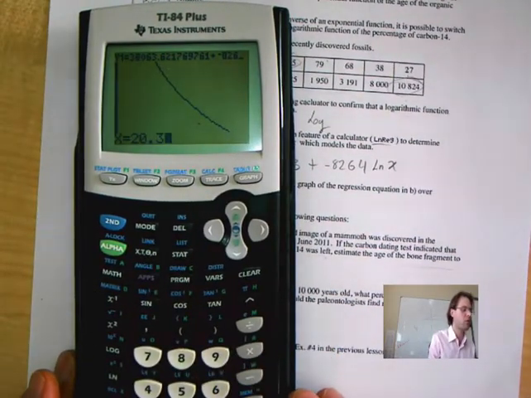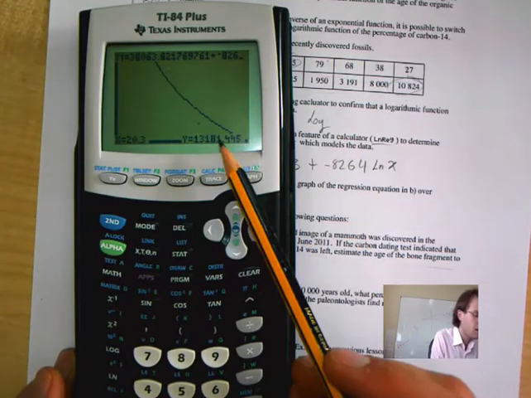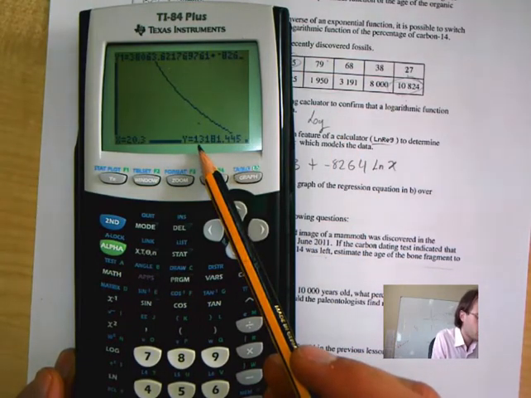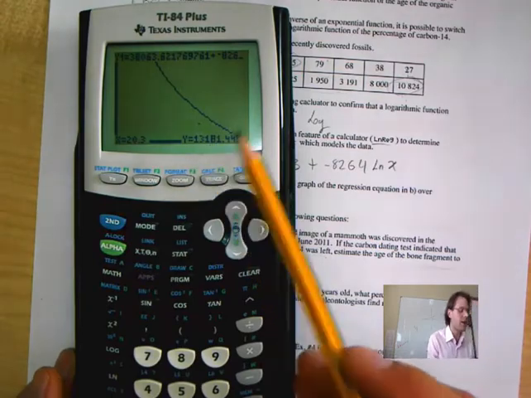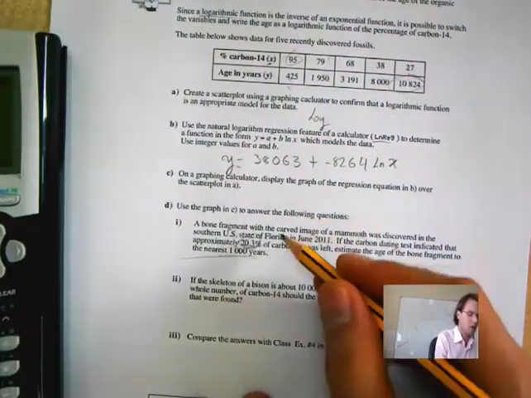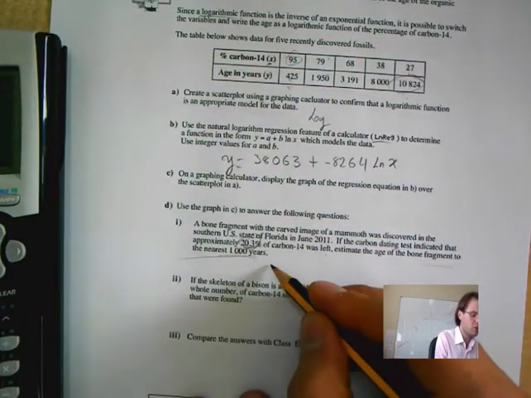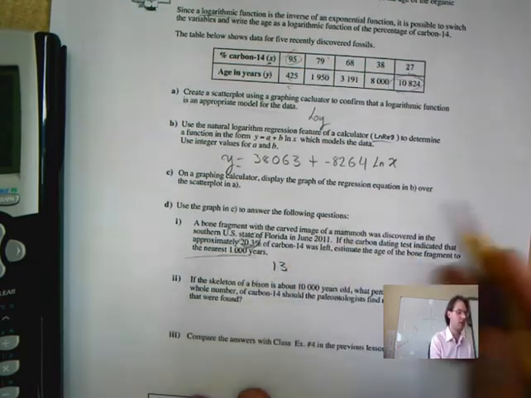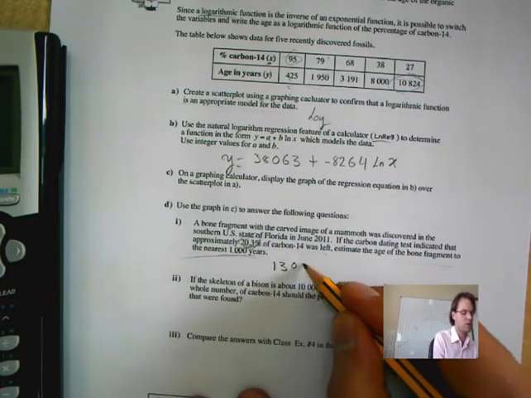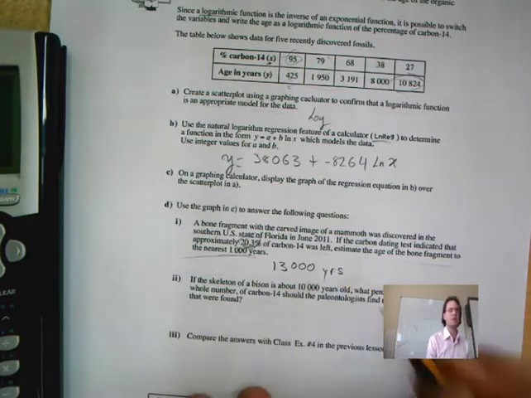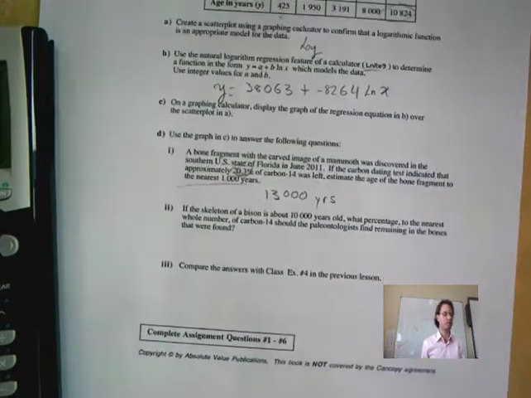So I put trace, 20.3, enter. And I'm going to get 13,181 years. It wants the nearest 1,000 years, so it's going to be 13,000 years. So it's 13,000 years old approximately.